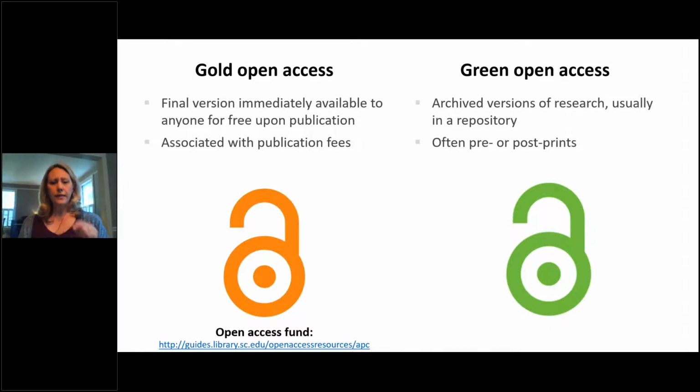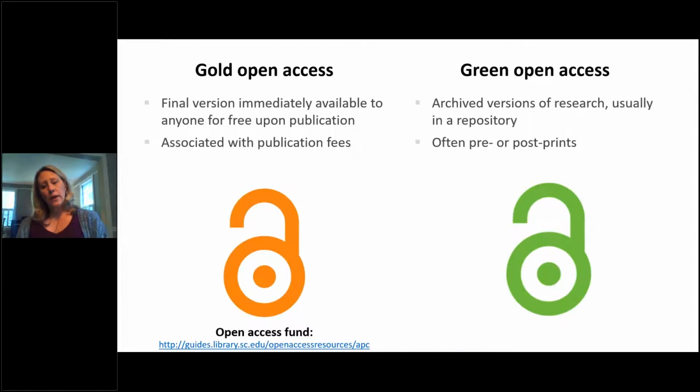There's a little link down at the bottom of the slide. You don't really need to worry about copying that down. First of all, the slides will go out, then I'll also send a bunch of links out, and I'll make sure that I send this one out as well. It's a link to learn more about this fund and to apply for the funds if needed. I think you can get this award once per year. It's a really good deal, if you want to publish open access.